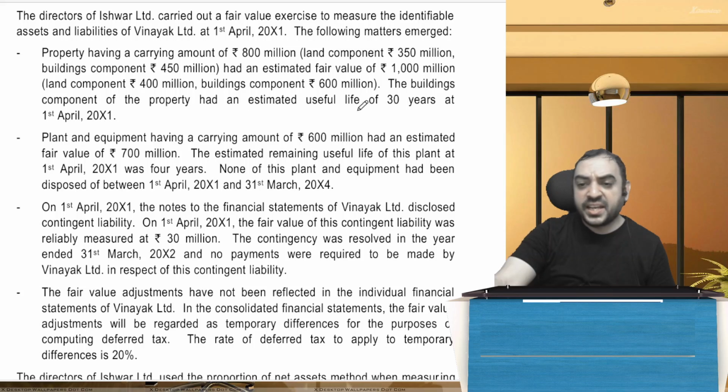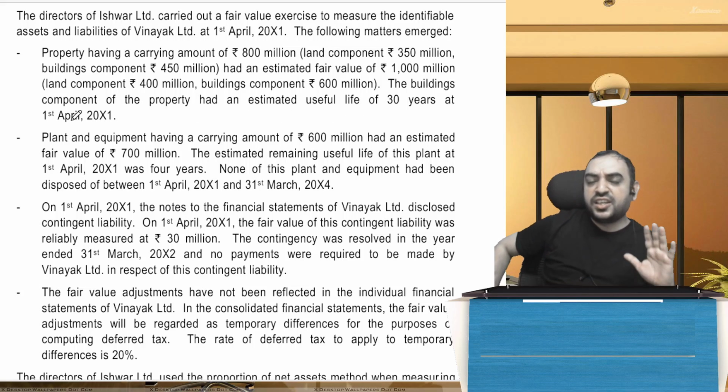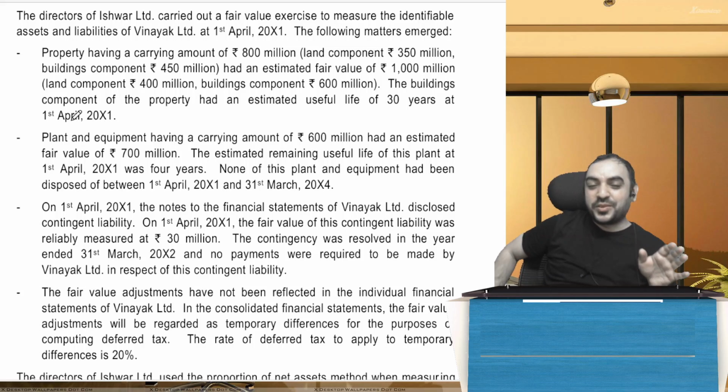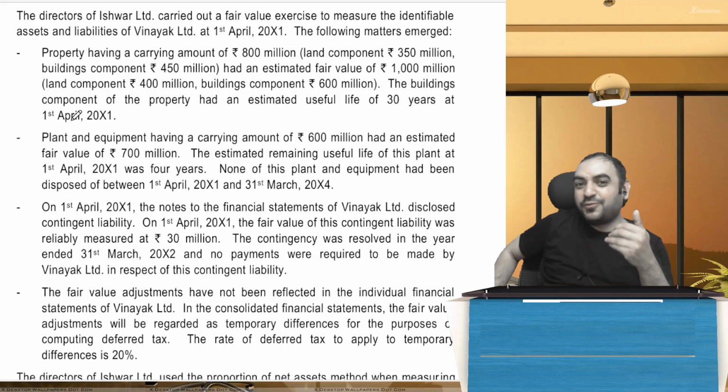Buildings of the property had an estimated useful life of 30 years at 1/4/2001. The reason why they have given land and building separately is that land is not subject to depreciation. Only the building will be subject to depreciation. So you calculate the revaluation profit or loss on the date of acquisition. That adjustment we have to give.